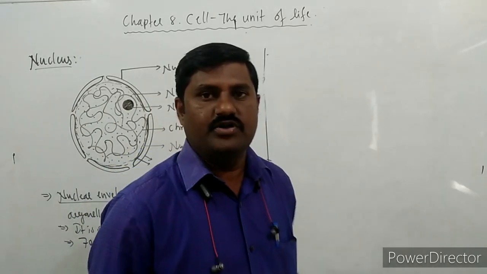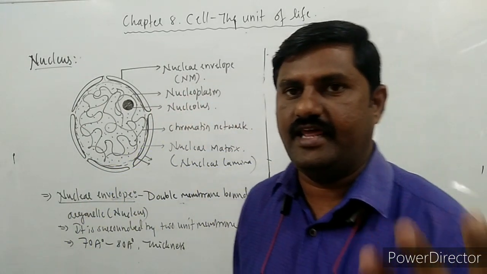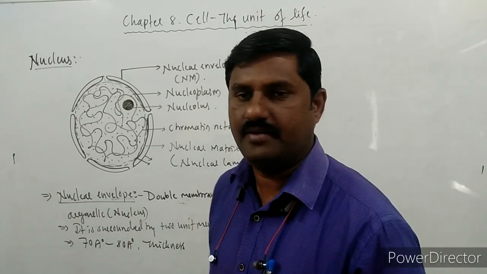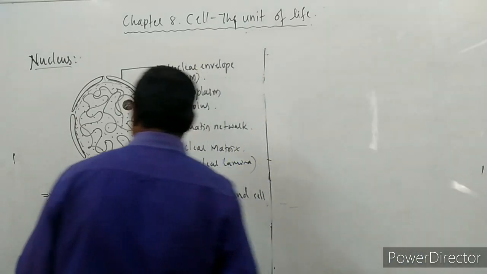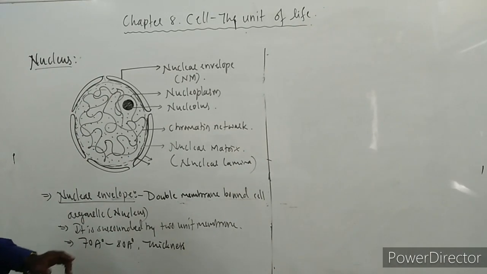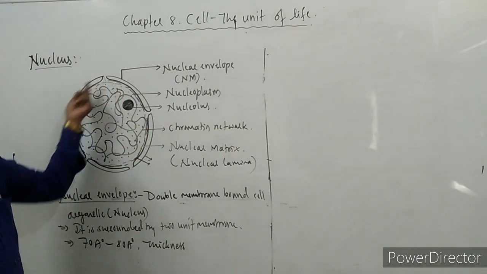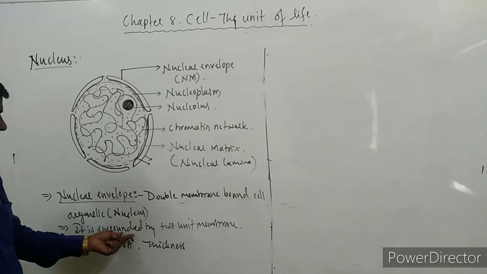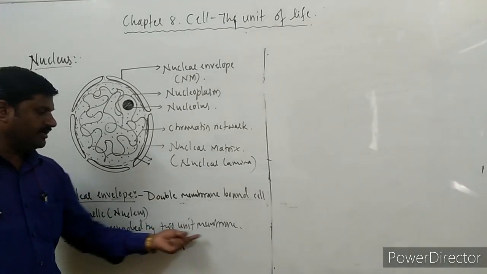So already I have told you 75 is an average one. This is also the same as the plasma membrane, right? So this is the nuclear envelope. It is a double membrane structure in the case of the nucleus, and it is surrounded by two unit membranes.